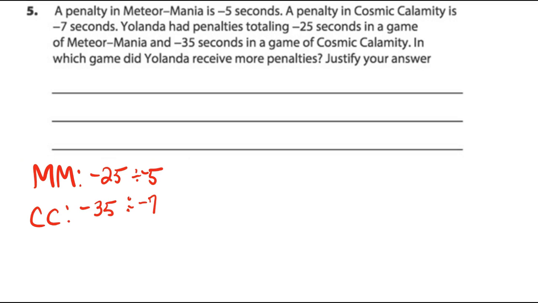Negative 25 divided by negative 5 is 5 penalties. Negative 35 divided by negative 7 is also 5 penalties. So when it asks us which one did she receive more penalties in, the answer is neither.